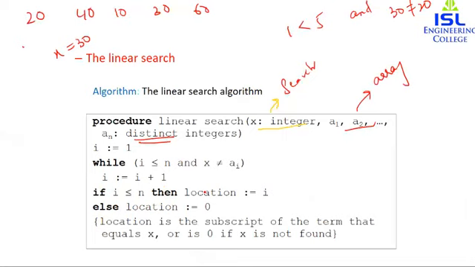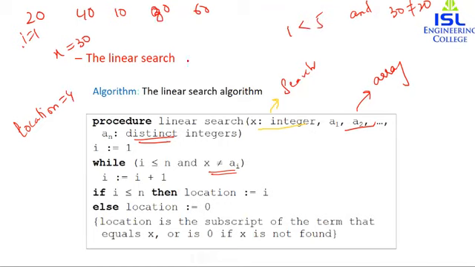If this while loop condition becomes false, then we just mention wherever the location is found. Since we are taking I equal to 1, the index value starts at 1, so the location will be equivalent to 4 and we will end it. Suppose we don't have 30 in our array, and instead we have 80.